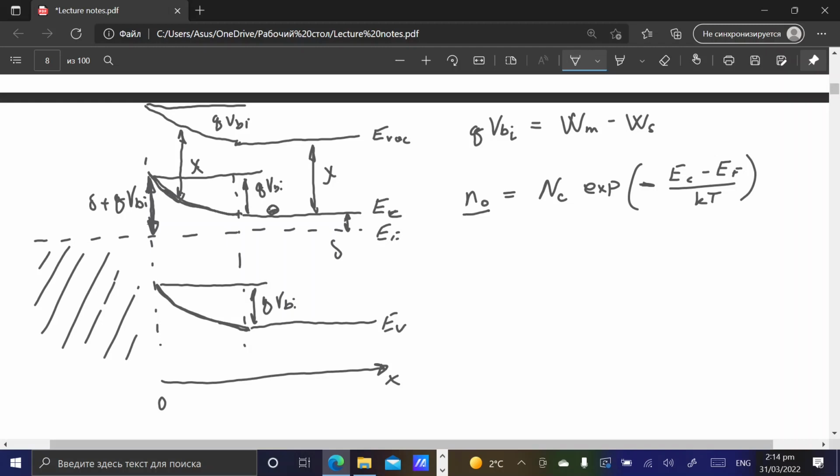So far we were talking about electrons. For electrons, what I said is true. But what you are saying is true for holes, which are minority charge carriers. Indeed, you're right, because we can also write p naught equals NV times exponent of minus EF minus EV divided by kT.